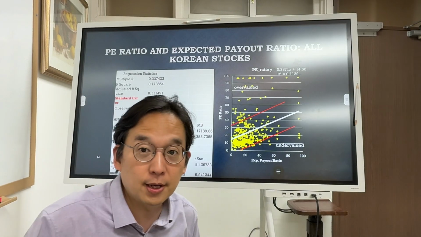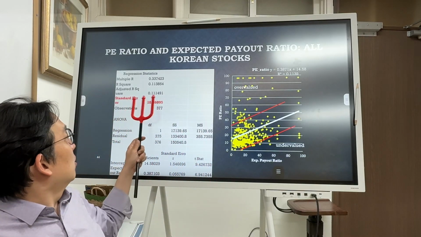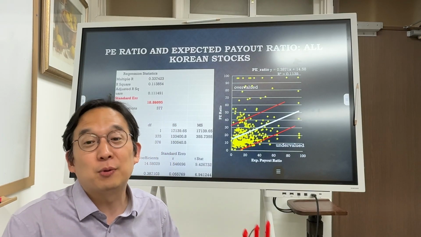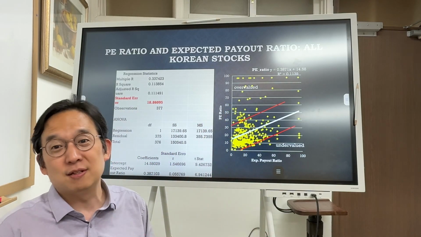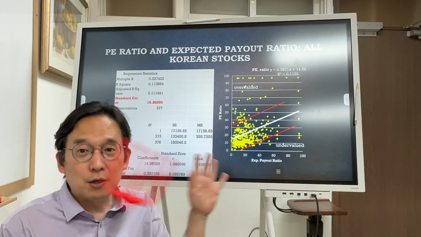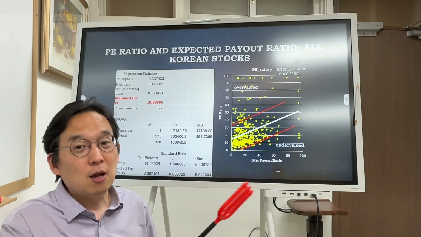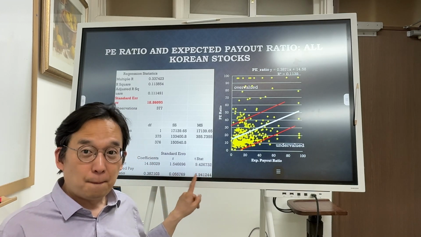And then somebody may be troubled with the low adjusted R-squared number, but we don't care about adjusted R-squared too much in finance because there's tons of uncertainty and randomness in the financial market anyway. What we care about is the t-statistic over here.